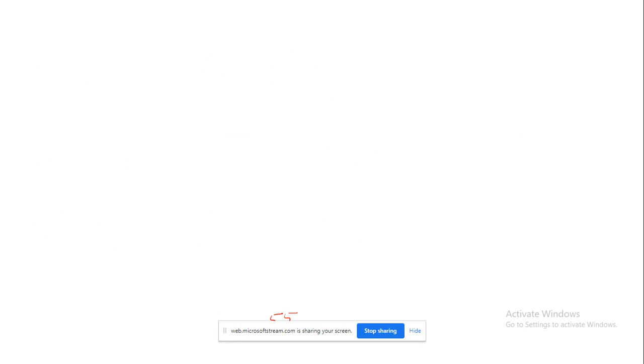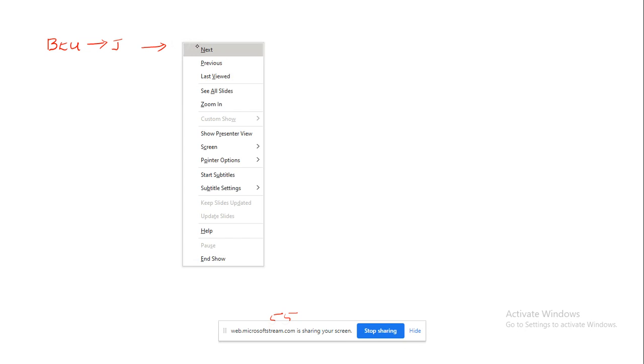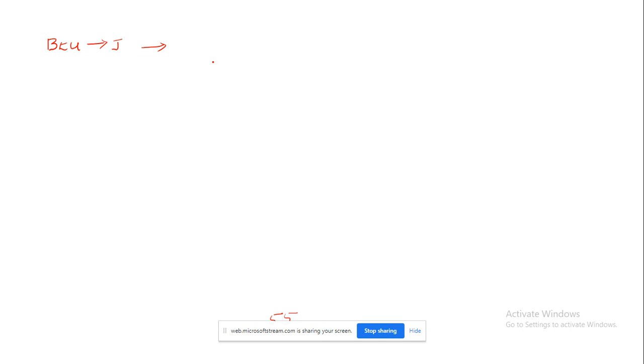I'll go to the next slide. In order to convert BTU to joule, what you should do is multiply by 1.055 into 10 raised to 3.